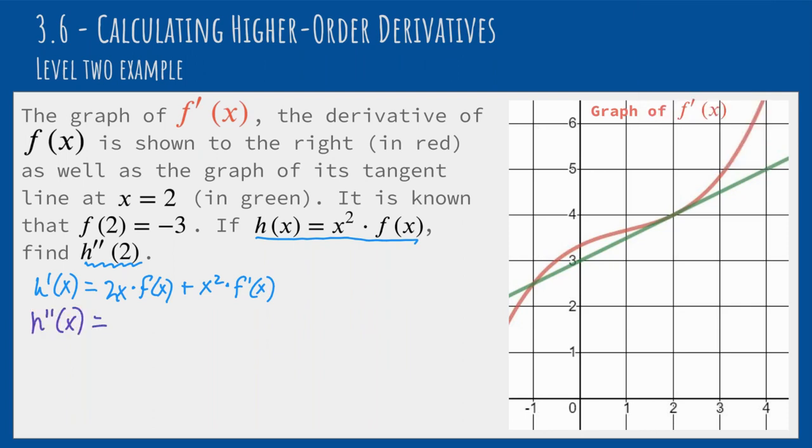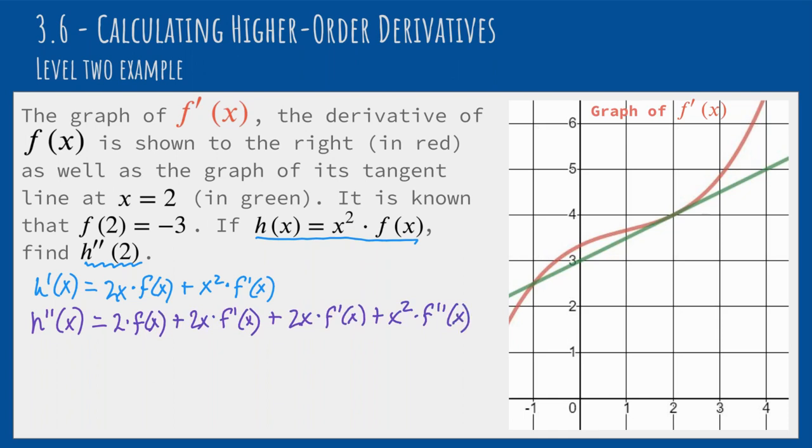Looks to me like we're going to have to use the product rule twice. So the derivative of the first in that first term is going to be 2 times the second plus the first times the derivative of the second. And then for the second term, we're going to have the derivative of the first times the second plus the first times the derivative of the second.